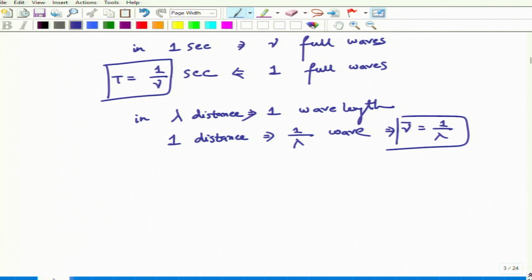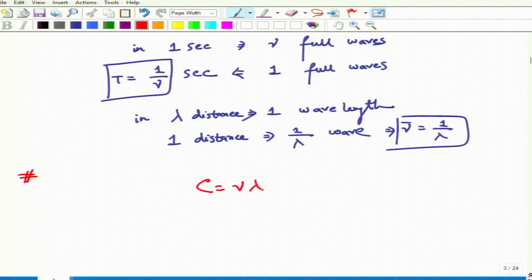We are considering here that the electromagnetic waves travel in vacuum, obviously free space, because we have already discussed that if there is some medium, not free space, then what will happen? In a medium, only the frequency remains constant. Let us say there is some electromagnetic wave of frequency nu in free space, and from free space it enters a medium, that may be a liquid medium, gaseous medium, any medium.